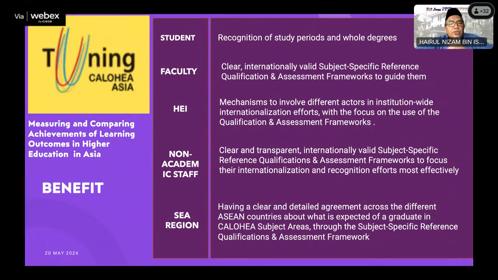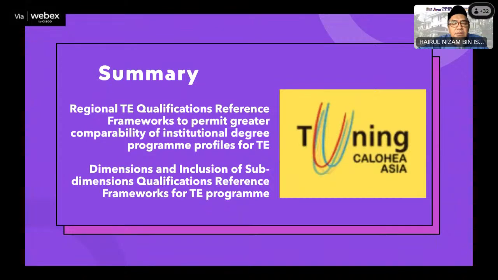Okay, so to wrap up, again, there's a lot of benefit from the competency framework development from this CALOHEA project for different parties, as guidelines for their preparation for their future profession.